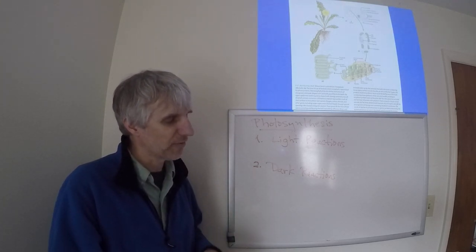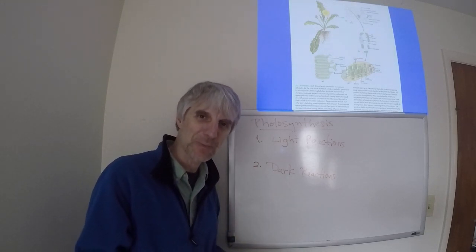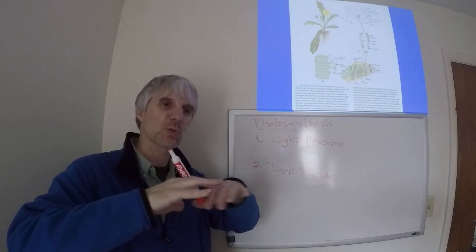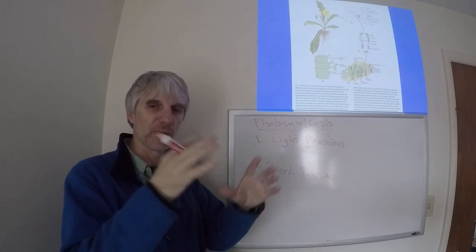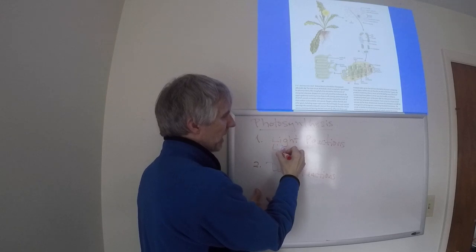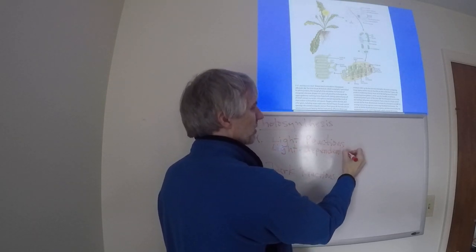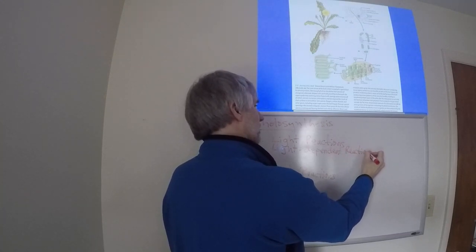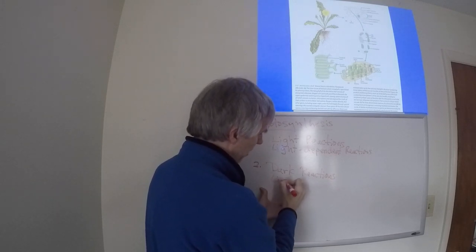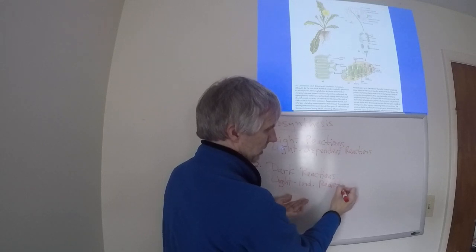Well, it didn't take folks long to figure out that the dark reactions were actually happening all the time. You just didn't see them when the light reactions were going on because they got swamped out by the amount of light reaction happening. So the names were then changed to the light-dependent reactions, which is the same thing as the light reactions, and then the dark reactions were renamed the light-independent reactions.